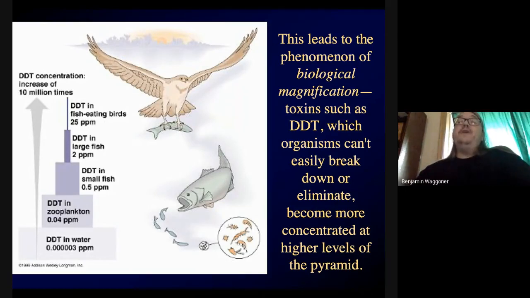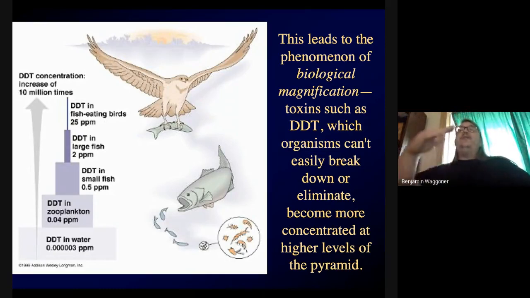And so the small fish end up with over 10 times as much DDT, because every little fish is eating dozens of little shrimp. And then every big fish is eating dozens of little fish. And then every fish-eating bird, notably bald eagles and ospreys, is eating dozens of large fish.